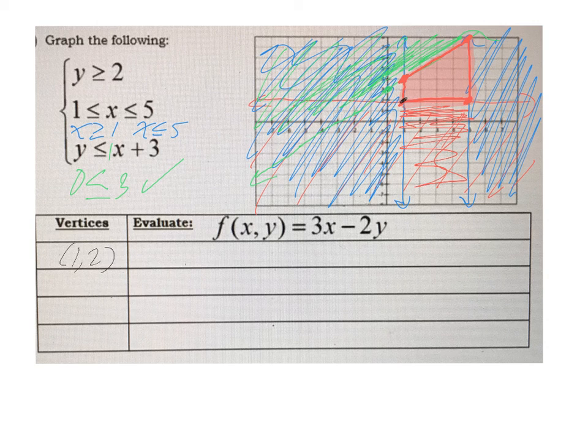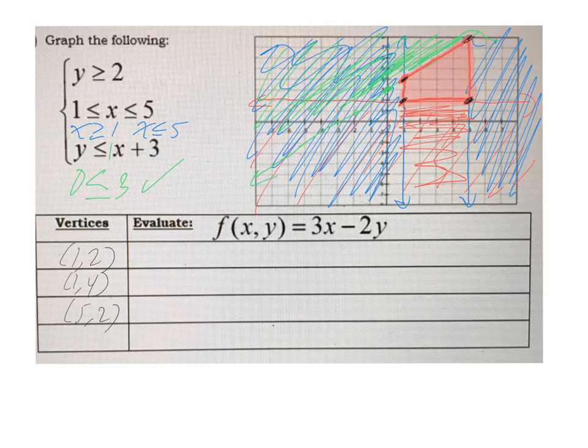Then we've got another one up here. It looks like that's at 1, 4. And then over here, that looks like 5, 2.